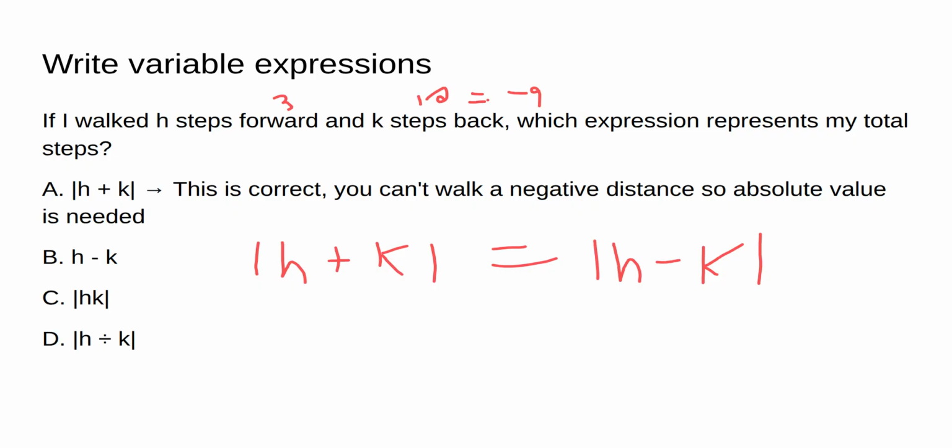Well, let's look at this. If h was, for example, 5, and k was -2, then this would become 5 minus -2.